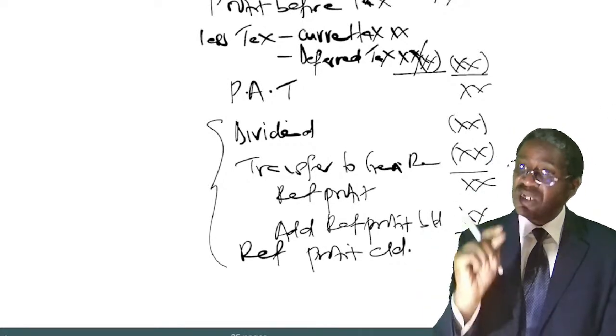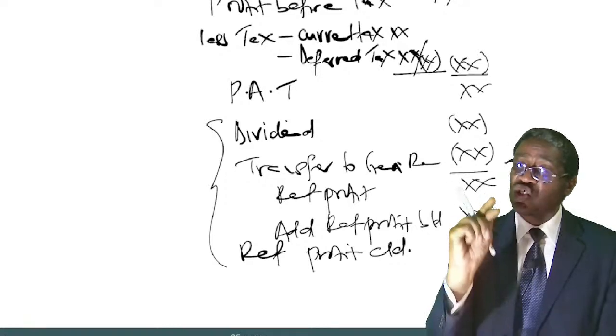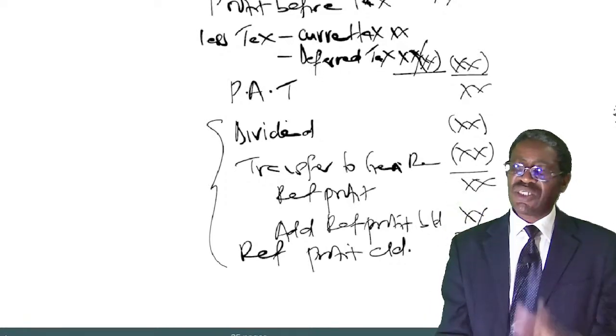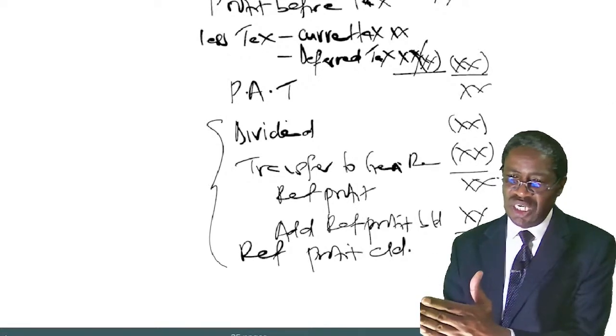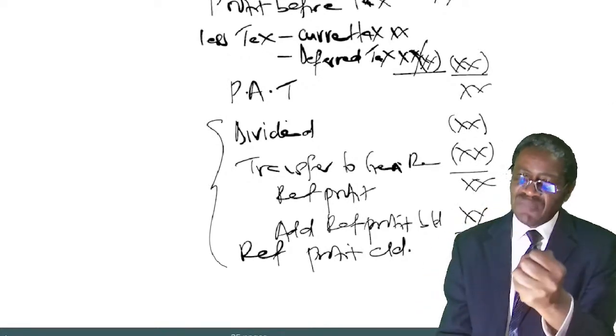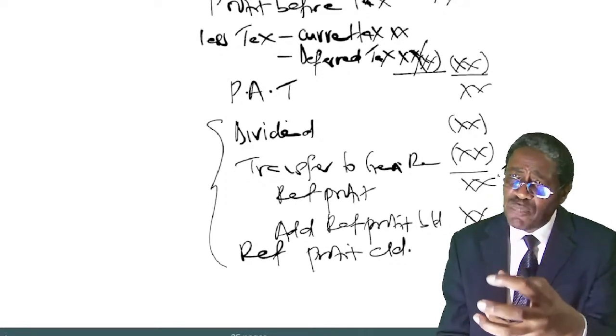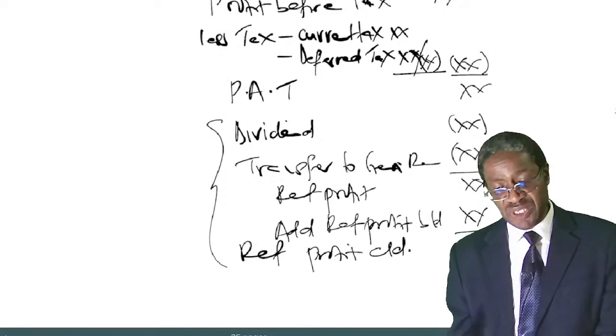We have said one of the components that should be included in a complete set of financial statements is a statement of changes in equity. So that's where, among many other things we shall be doing, you now do this appropriation of the profit.